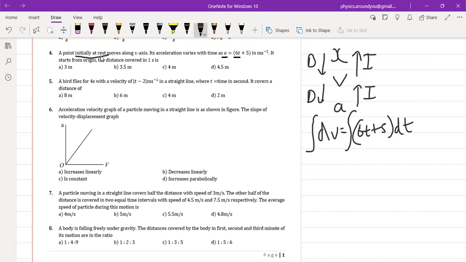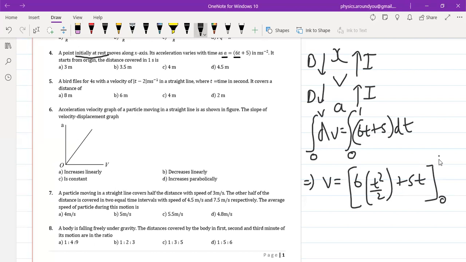The initial condition is speed is 0 at t equal to 0. Time is always 0. And the final time asked is 1 in the question. We also have to check what value the speed starts from. It is 0, right? And then some general value v. Once we do the operation, v is equal to 6 times t square by 2 plus 5t, this whole thing between 0 to 1.